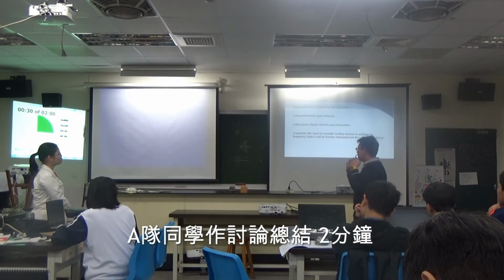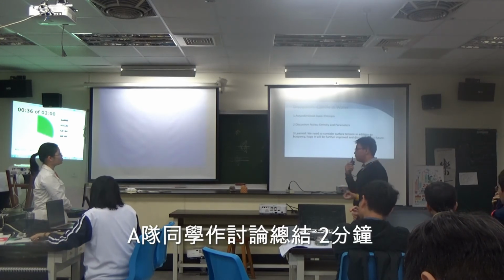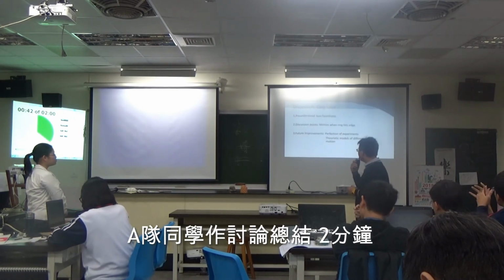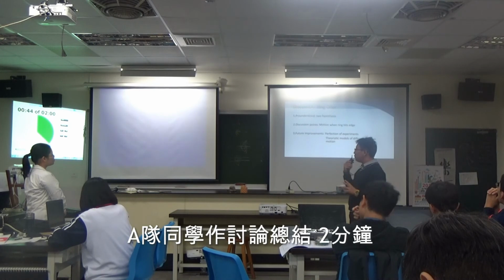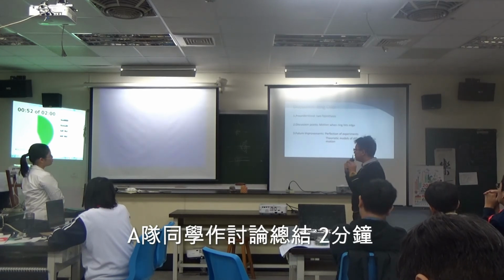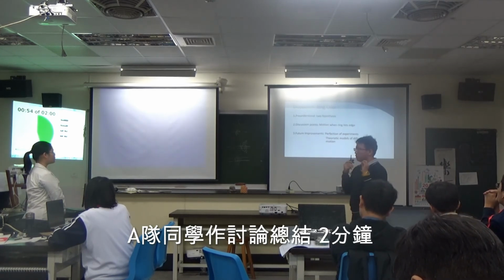And also, we discussed some points that you could improve in your experiment, and some points you could do in further experiments. Secondly is our own topic, which is the ring oiler. We have 2 hypotheses, and our discussion points are when the ring hits the edge, and some variations in the definition of the topic.